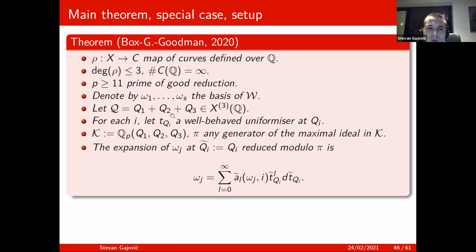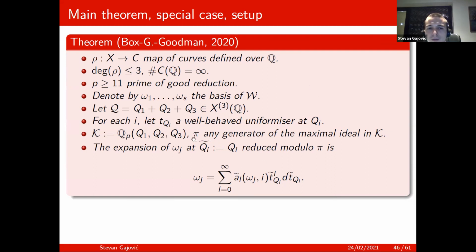And we consider a cubic point on curve X. And then we pick a well-behaved uniformizer at each of these points. Then we extend Q_p to contain all 3 points. Of course, this might be an extension of Q_p because these 3 points don't have to be rational pointwise. And we take any generator of the maximal ideal, so this is a uniformizer of this field.